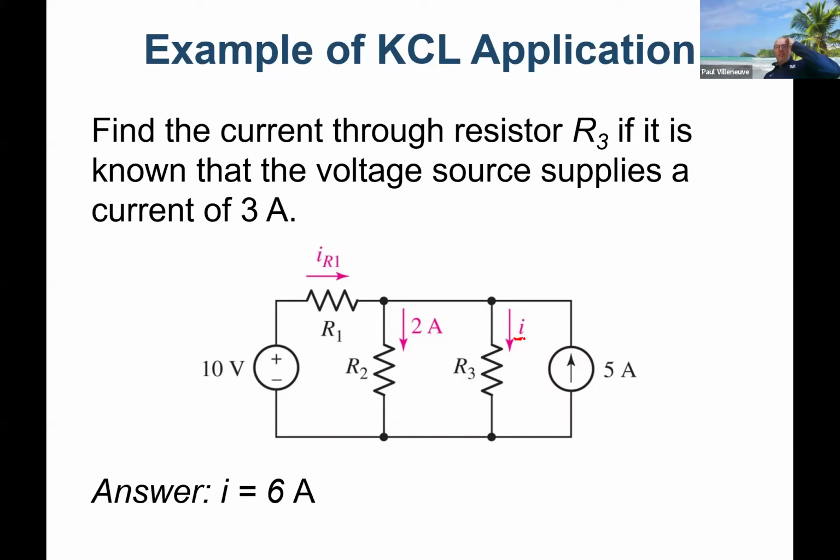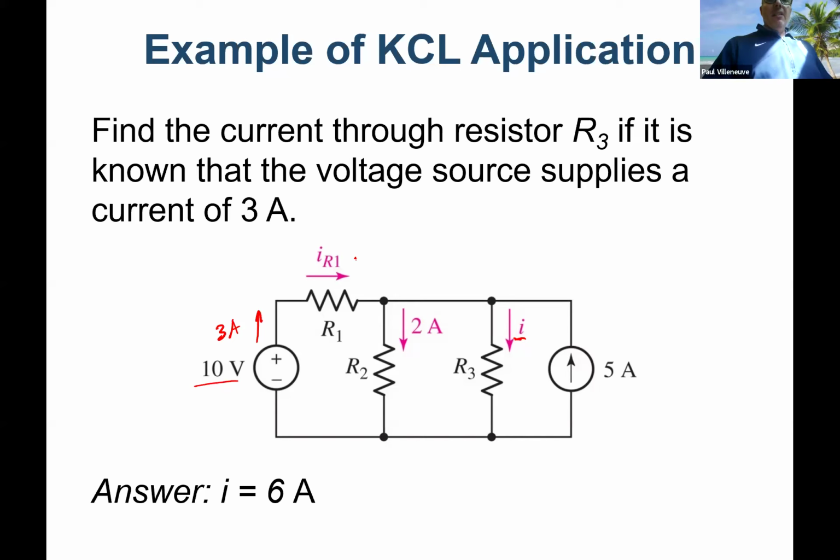If it is known that the voltage source right here supplies a current of 3 amps, this is a perfect application for KCL, because we know the current here has to be 3 amps. That's given in the problem description.